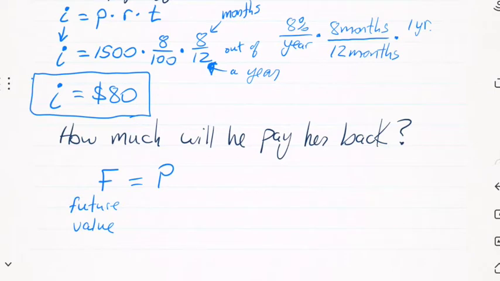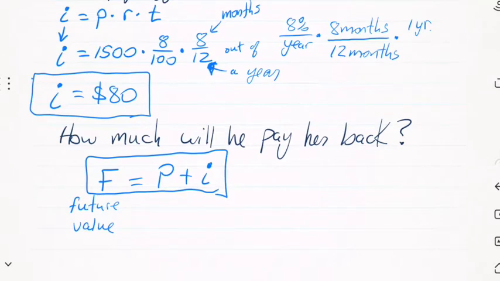So that would be the $1,500, and we're going to add on to it the interest. So this becomes really important to understand that, sure, she's going to charge $80, but the amount that he needs to pay back is the future value. So in this case, the future value is $1,500 plus 80.